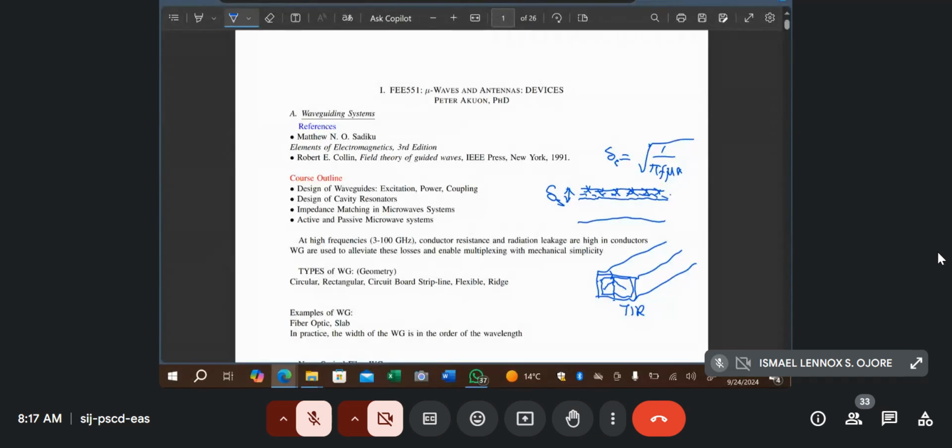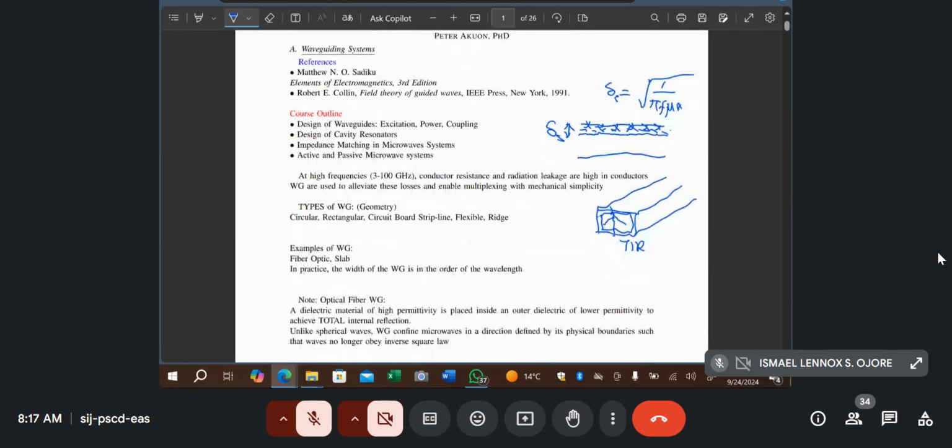In terms of the structure, we normally just use the geometry to determine different types of waveguides. So you can have circular waveguides. Definitely the mathematics for different structures will depend on the shape, which means the coordinate system that you are going to use. If you use rectangular, then you use a rectangular coordinate system, Cartesian. If it is circular, you use a cylindrical.